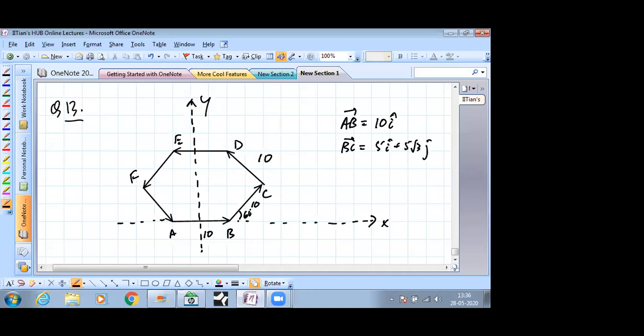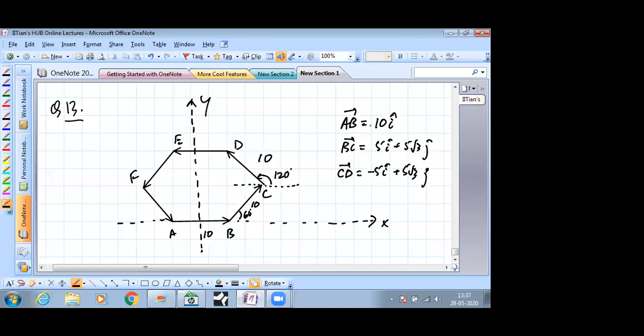And then for the vector CD, you see this angle will become 120 degrees. So CD will become minus 5 i cap plus 5 root 3 j cap. And finally for the vector DE, the side length is 20. Okay, so just change that, that's fine.